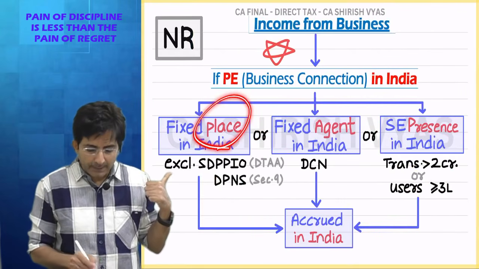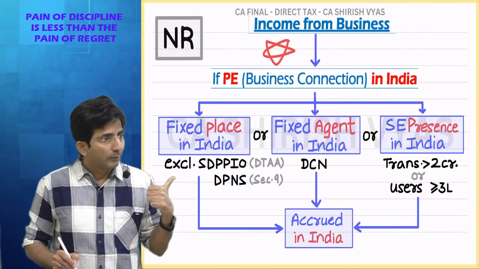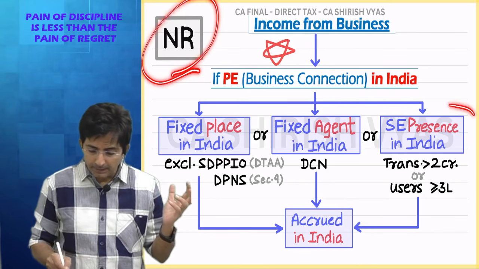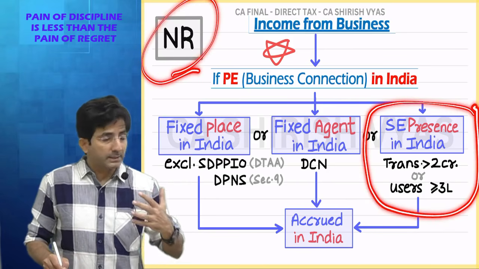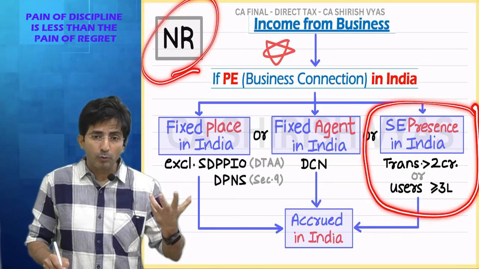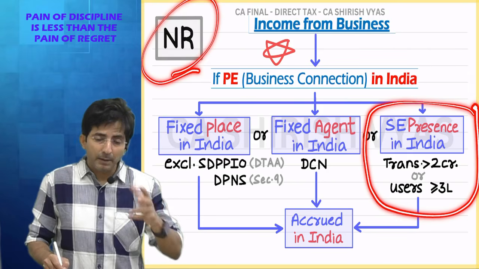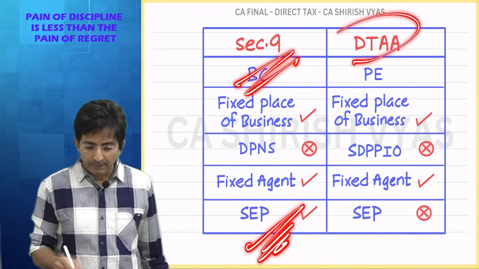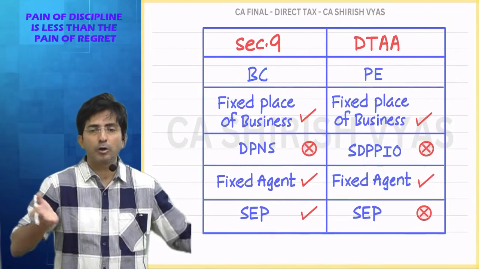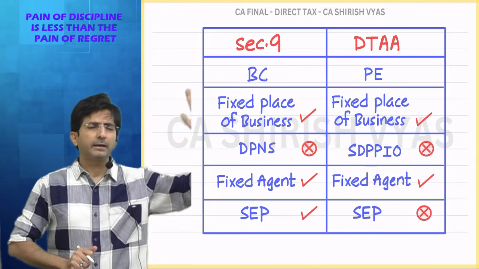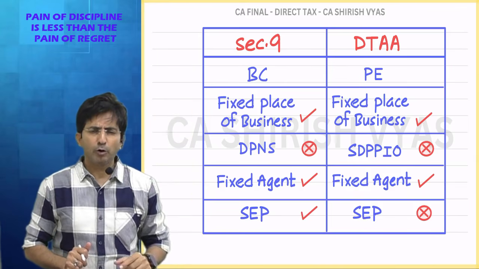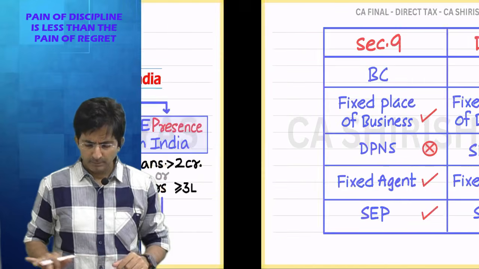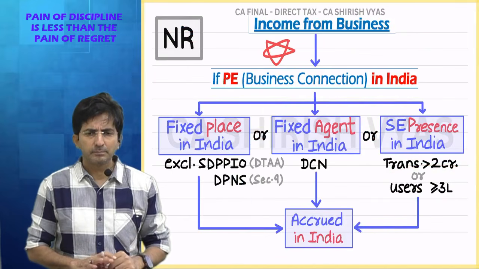I told you in the last lecture that if a non-resident has significant economic presence in India, that is also said to be a PE in India, but that is there only in Section 9. In DTAA, there is nothing like significant economic presence in India. So tell me, if some Japanese company has many YouTube subscribers and Instagram followers in India, more than or equal to 3 lakhs.